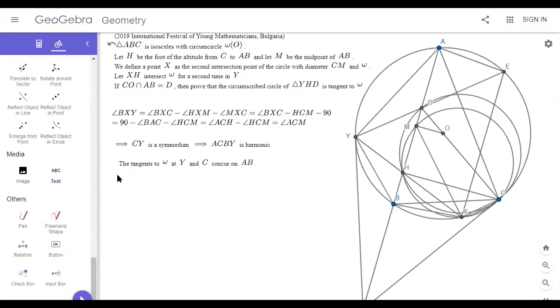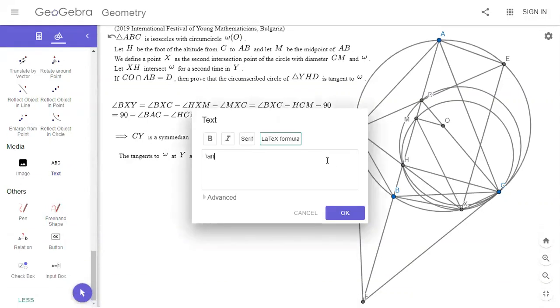Well, let me see. So we have angle FYH is equal to angle FYX, which is equal to angle YEX.